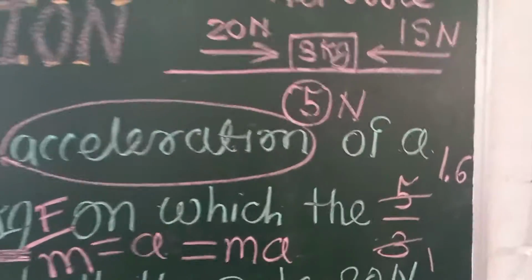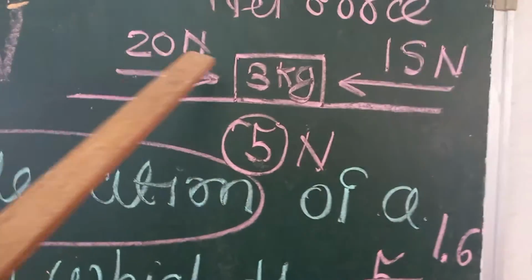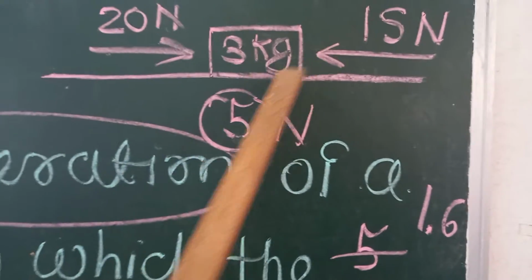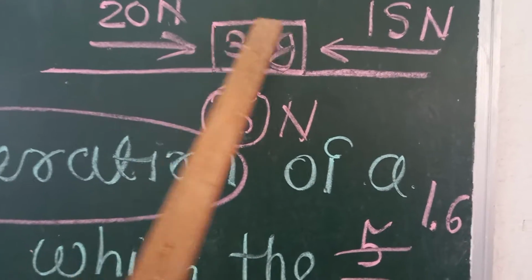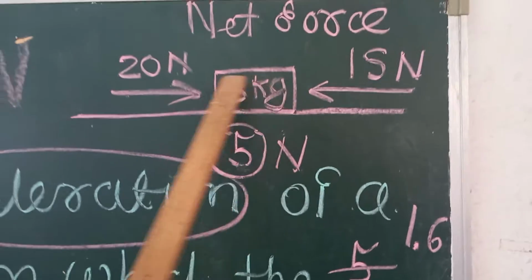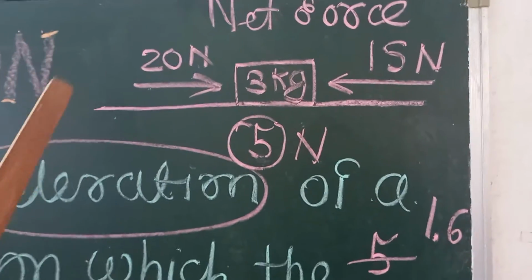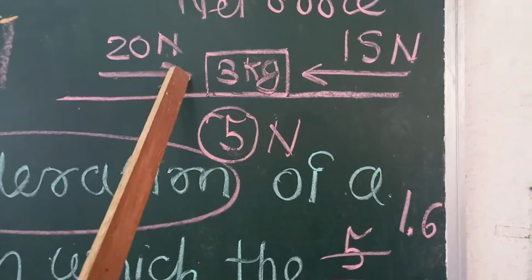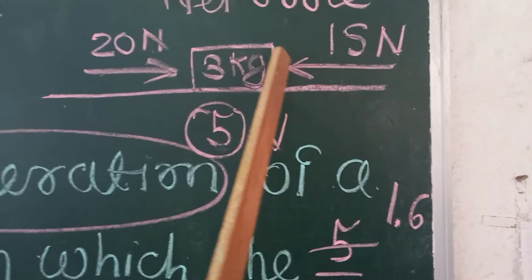See here, this is the condition, this is the object. This object has the mass 3 kg, means what is the mass given here? 3 kg. And on this 3 kg mass, the force is acting on both the sides, this side also and this side also.